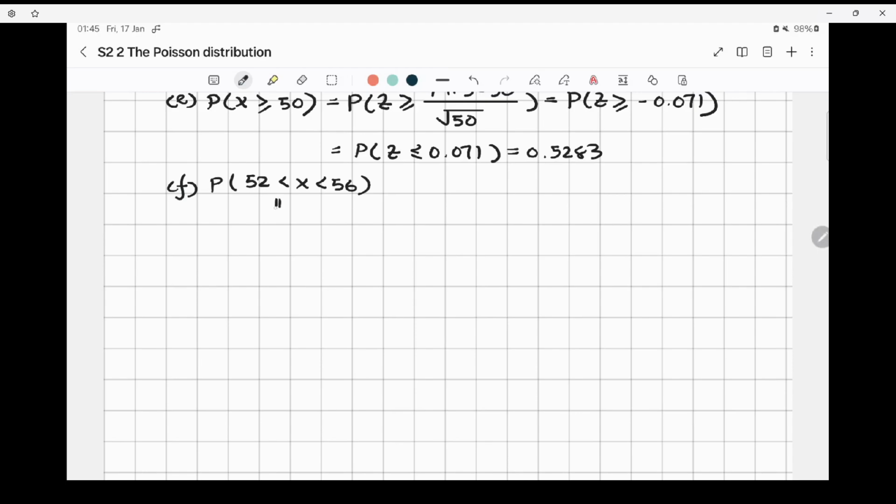So if we list down the possible X, this will be X equals to 53, 54, 55. So what I would recommend you to do is to write down the compositions of your P(X) in such a way that you get 53, 54 and 55.